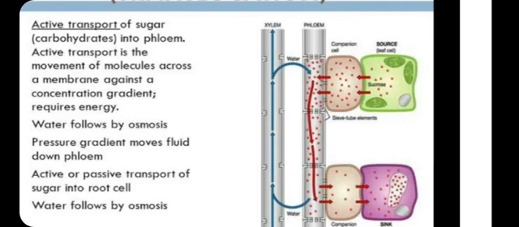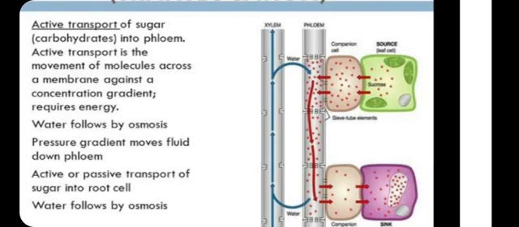The leaf cell has a membrane, the epidermis is there, and the companion cell also. These are two different cells, a leaf cell and a companion cell. So when you have to pass between two different cells, crossing the membrane requires energy.